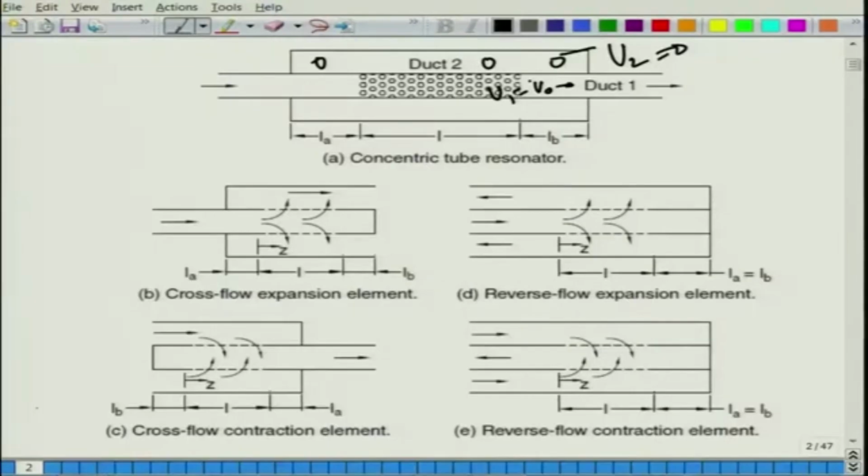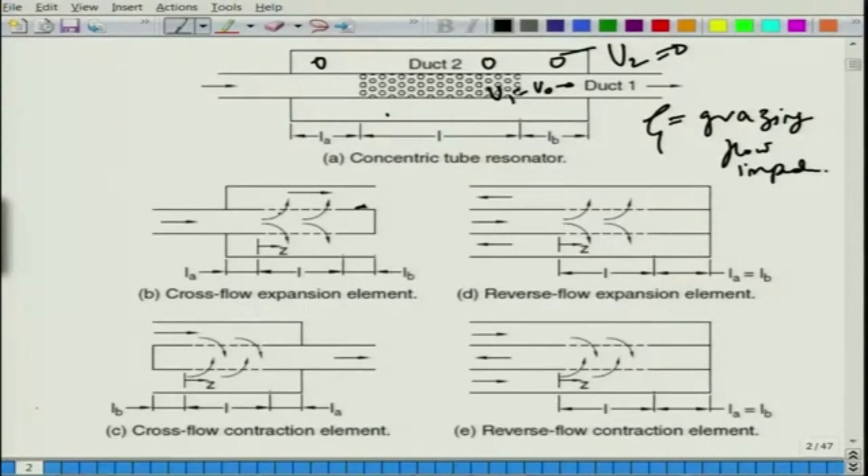There are other configurations also, like what is called a cross flow. The difference between this one and this one is that the flow just grazes the surface, and so it is called grazing. So, whatever perforate impedance expression zeta you will be seeing will be for a grazing flow; grazing flow just grazes the surface, grazing flow impedance.